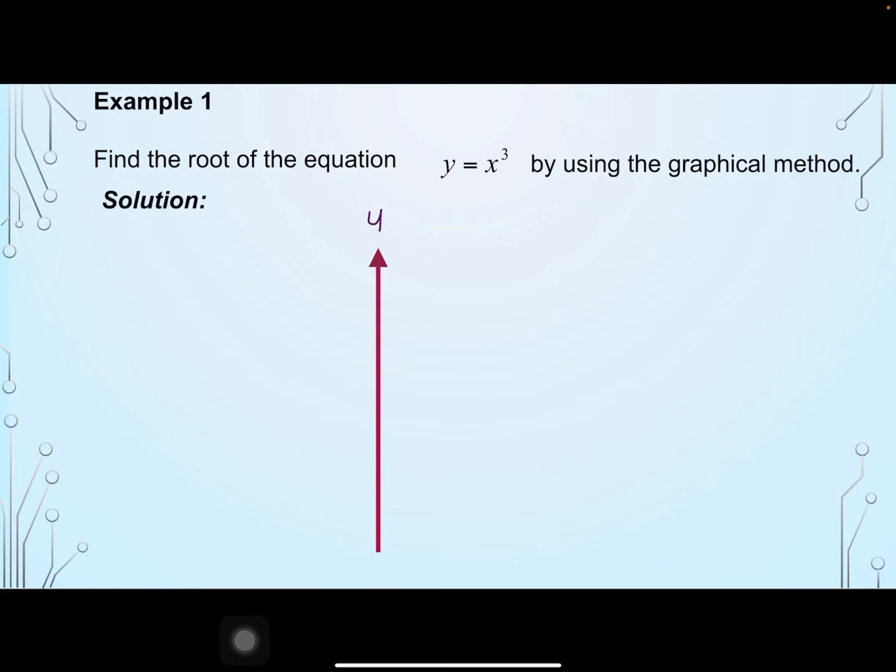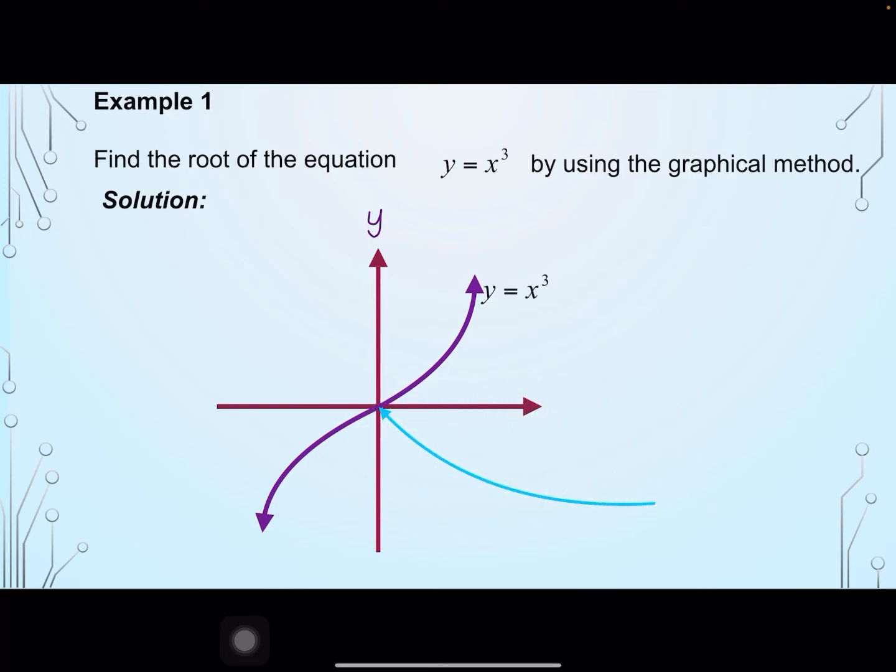And we have the y-axis, x-axis, and the curve y equals x cubed. So where is the root? The root for x cubed is where it is cutting the x-axis. Okay, it is here. Thus the root is 0.